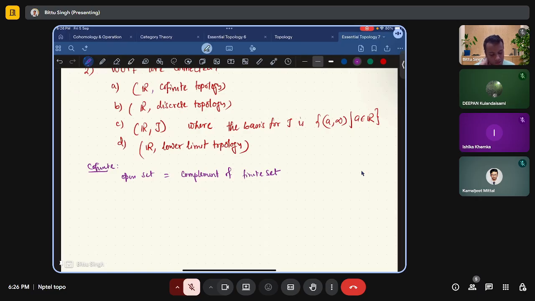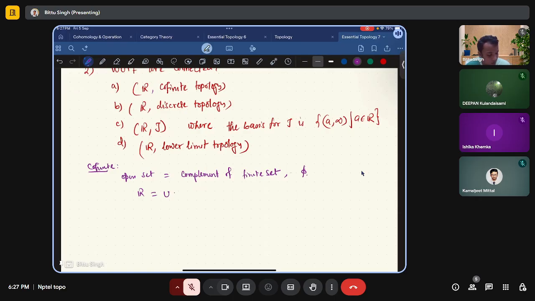Empty set is also open. So open sets are either the complement of some finite set or the empty set.